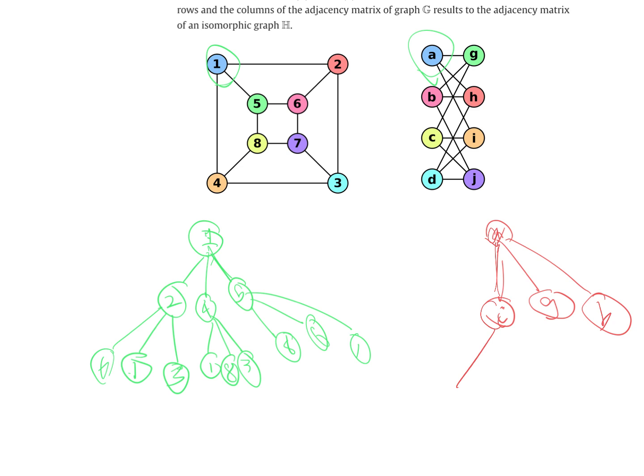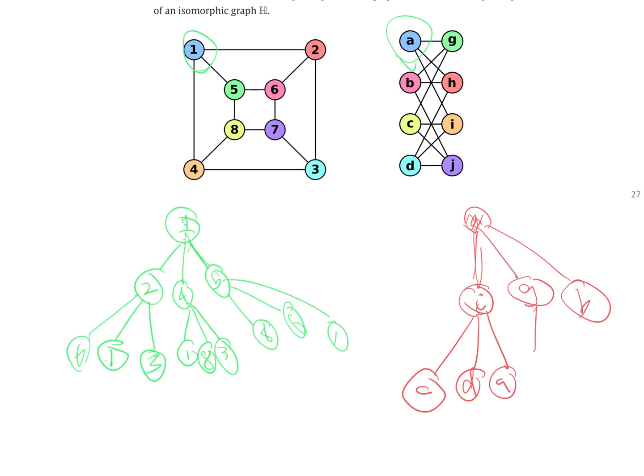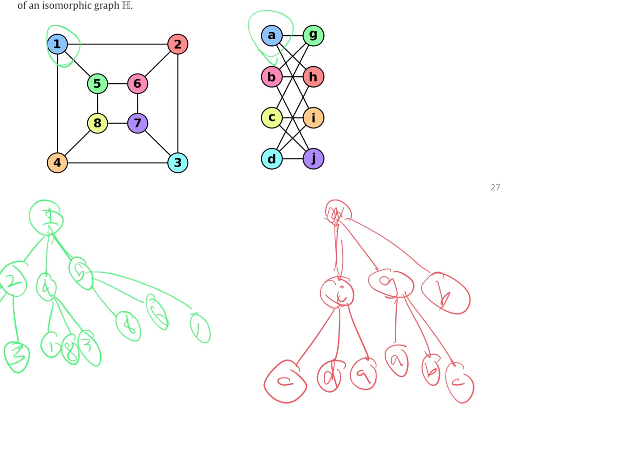What is the neighbor of I? The neighbors of I would be C, D, and also A. The neighbors of G would be A, B, and C. And the neighbors of B would be J, A, and, sorry, I don't have B, right?